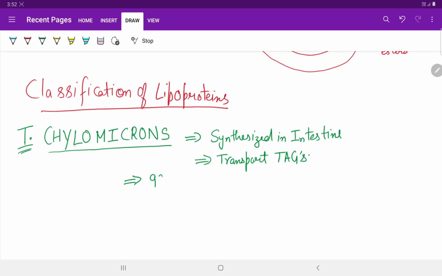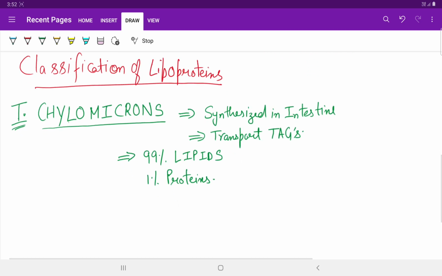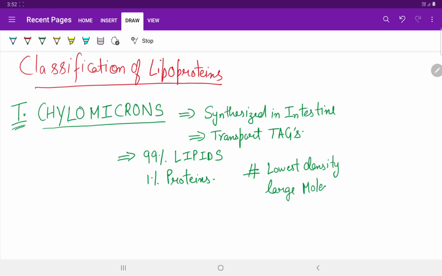In terms of composition, they consist of 99% lipids and only 1% proteins. So, these are least in density and largest in size among the lipoproteins. Thus, they have the lowest density but a very large molecular size. So, this was all regarding the chylomicrons.